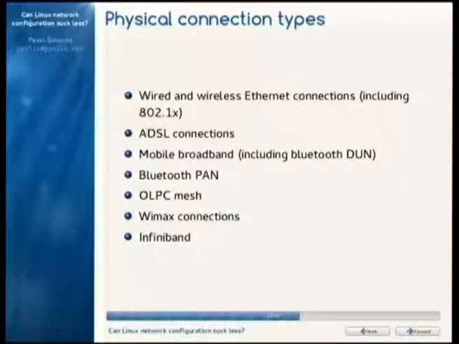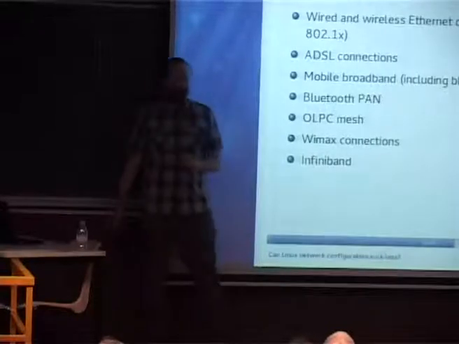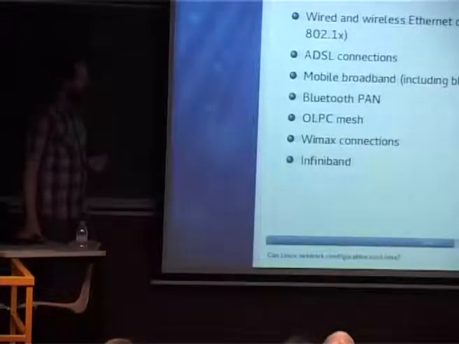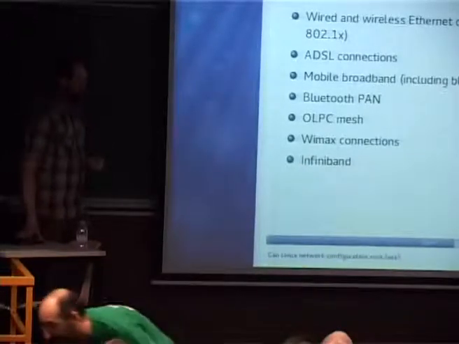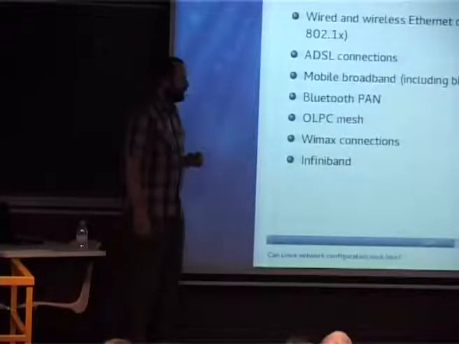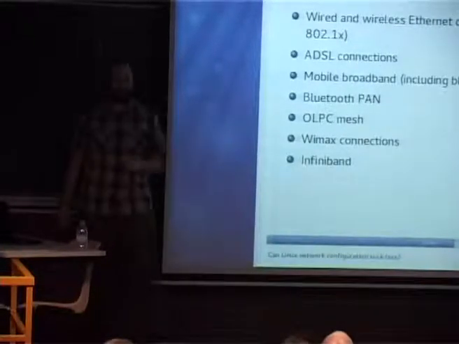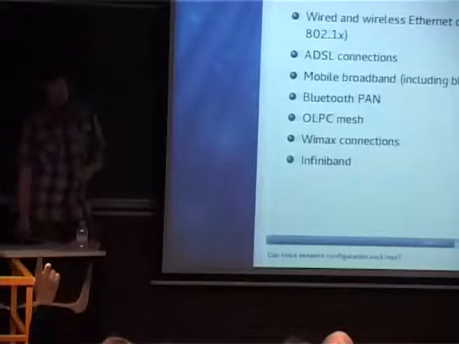Currently, we support Ethernet, Wi-Fi, ADSL, mobile broadband, Bluetooth, some OLPC stuff I know nothing about, WiMAX, and InfiniBand. So these are the physical types of interfaces. That means we, for example, currently don't support the classic dial-up networking, which we did in previous versions. But nobody was interested enough to add the support back.